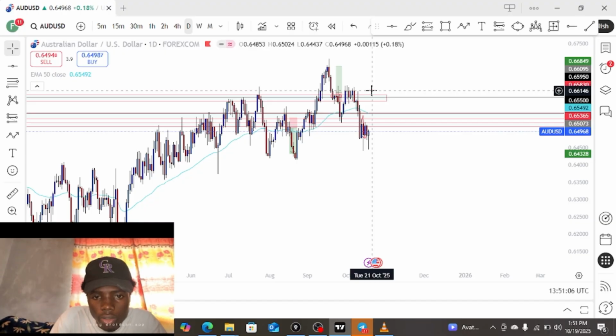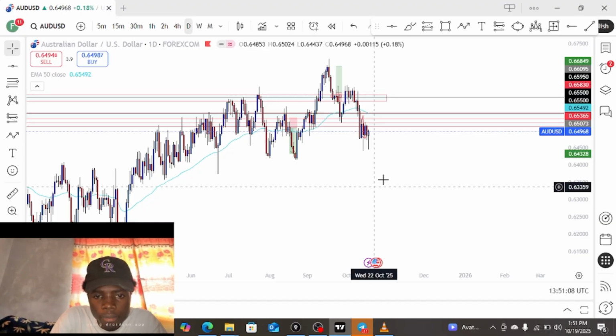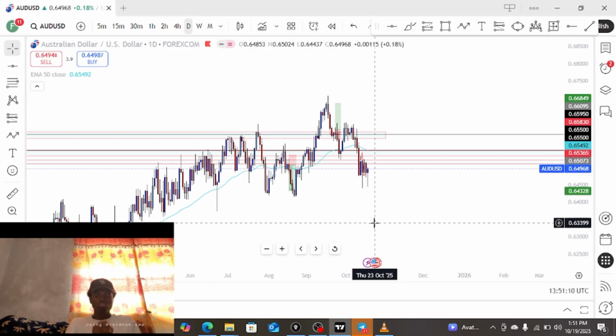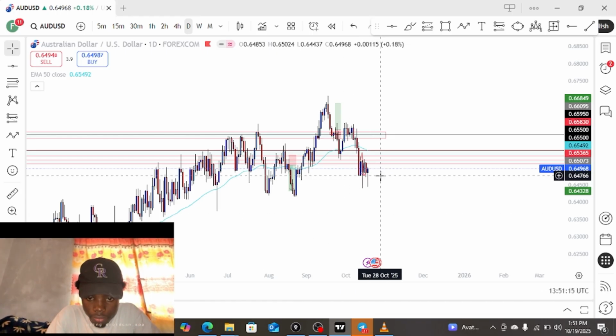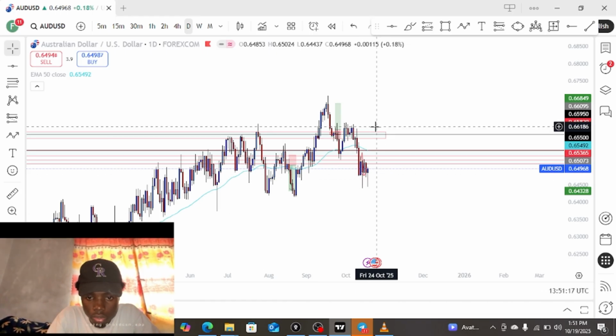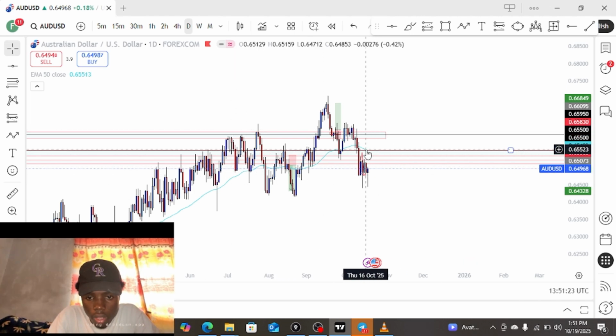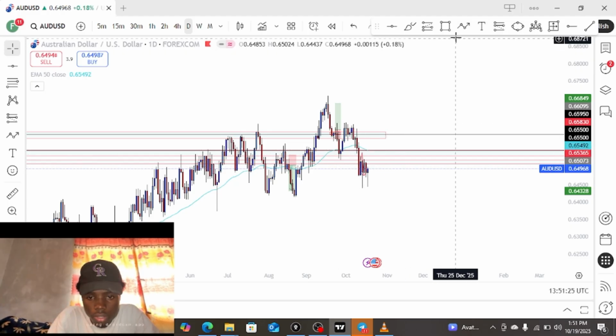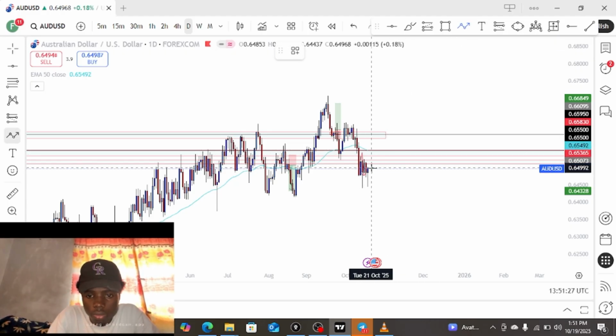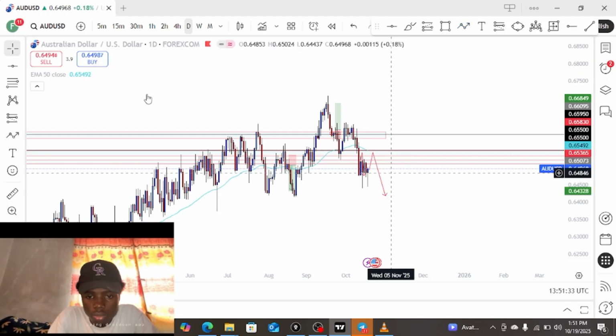Lower high. Lower high. It needs to touch this AOI right here. So we'll be keeping an eye on this trade, on this pair too. So that's what we are looking for.